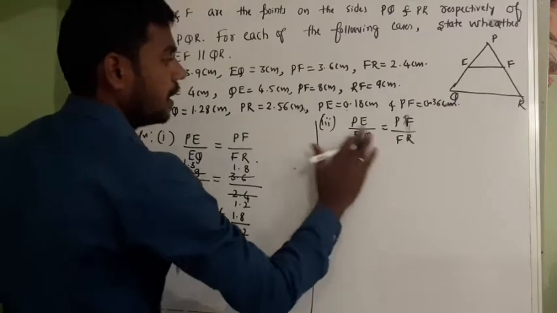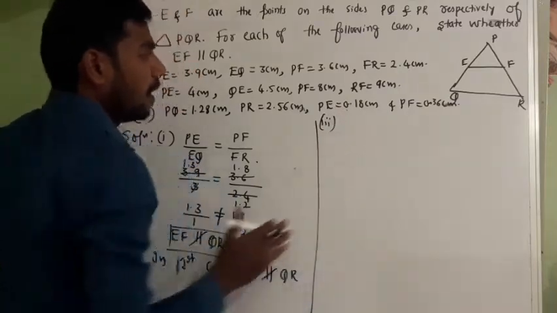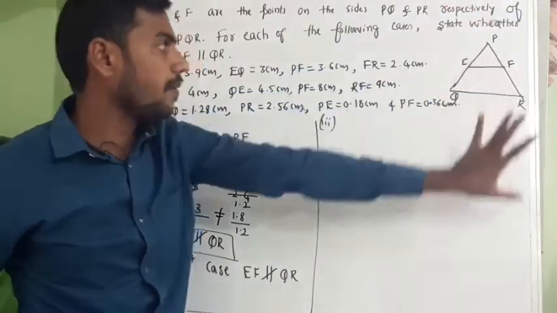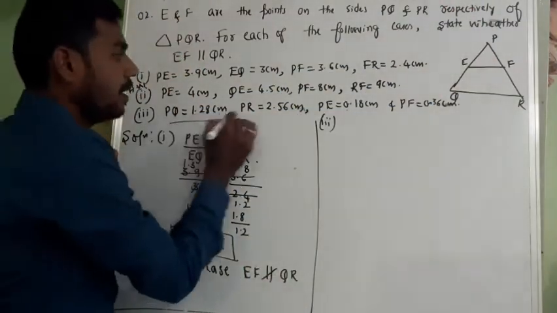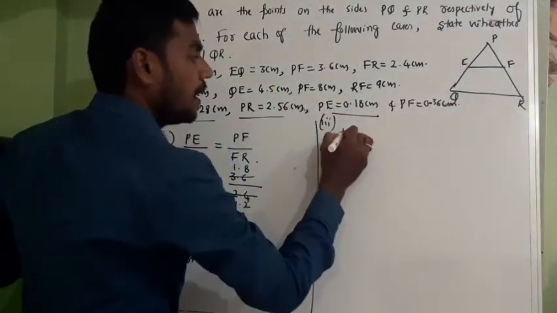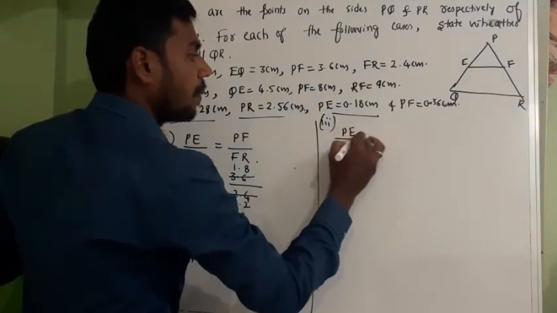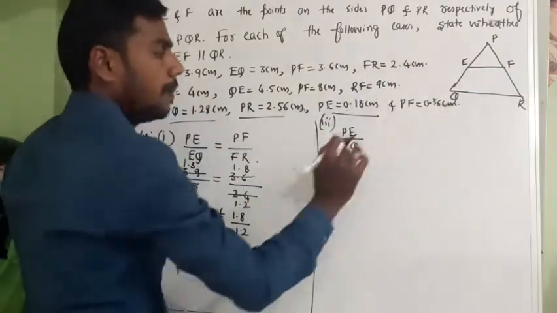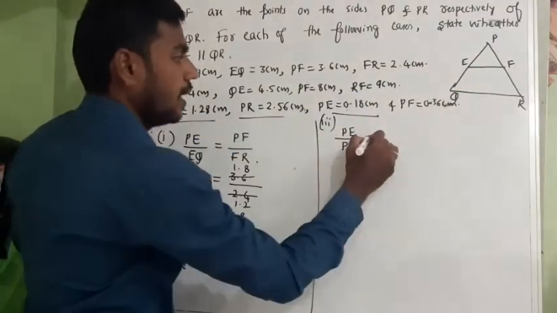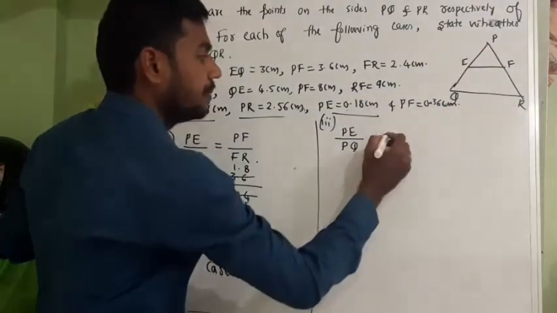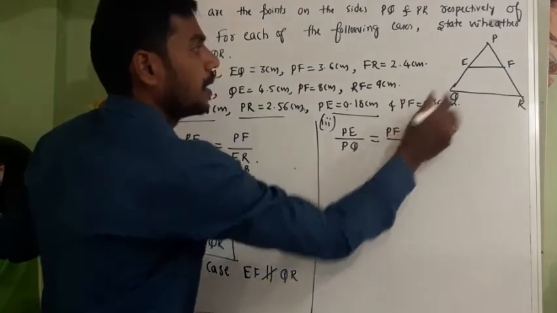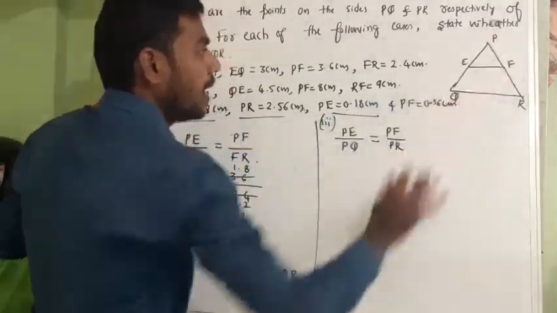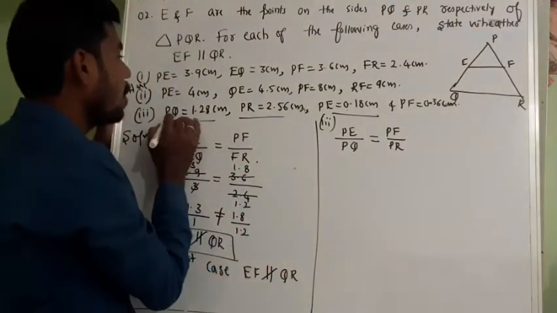Okay, now for this, in the third case also PE by EQ is equal to PF by FR. In this case, I can write PE by PQ instead of PE by EQ, and PF by PR, because they have given the values of PQ and PR.